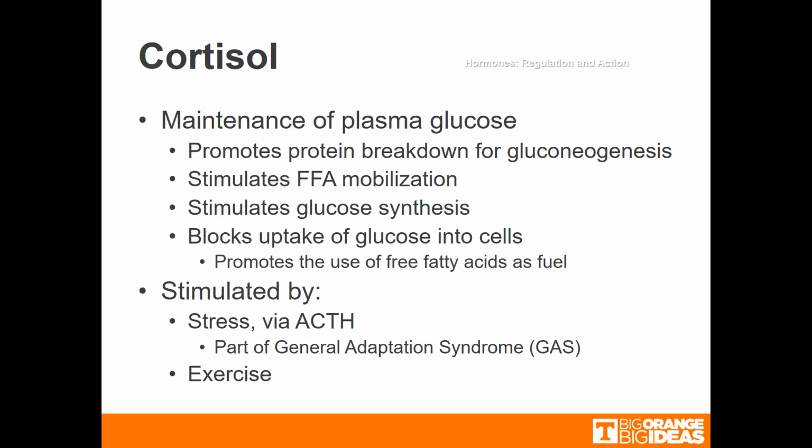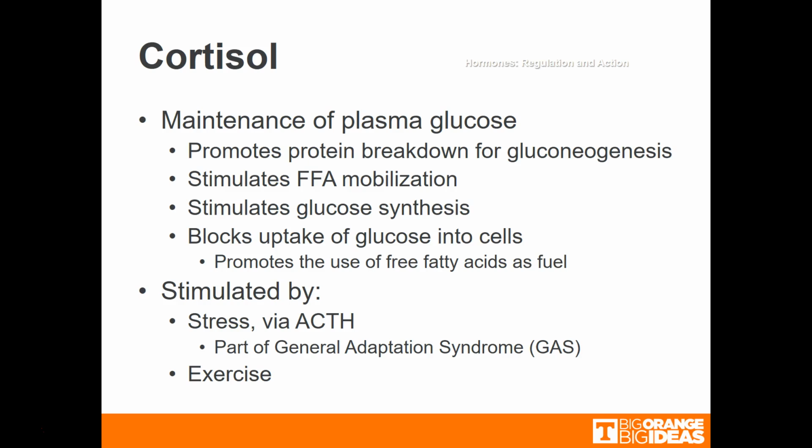Cortisol, another hormone responsible for helping to maintain plasma glucose. So it's going to promote protein breakdown, which will lead to gluconeogenesis. So some of the amino acids can go through the process of gluconeogenesis in order to make new glucose. You're going to have an increase in free fatty acid mobilization.